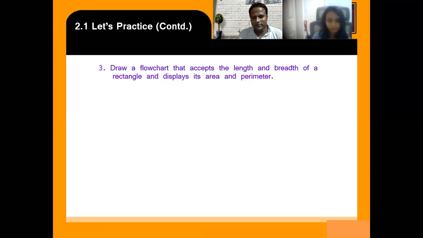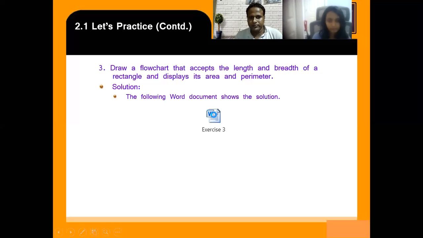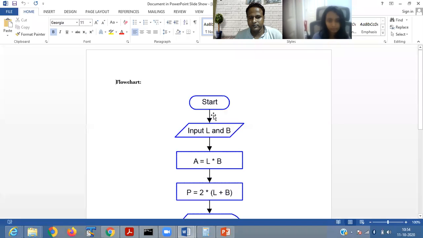Yes, good. You can write in this way also. Okay.